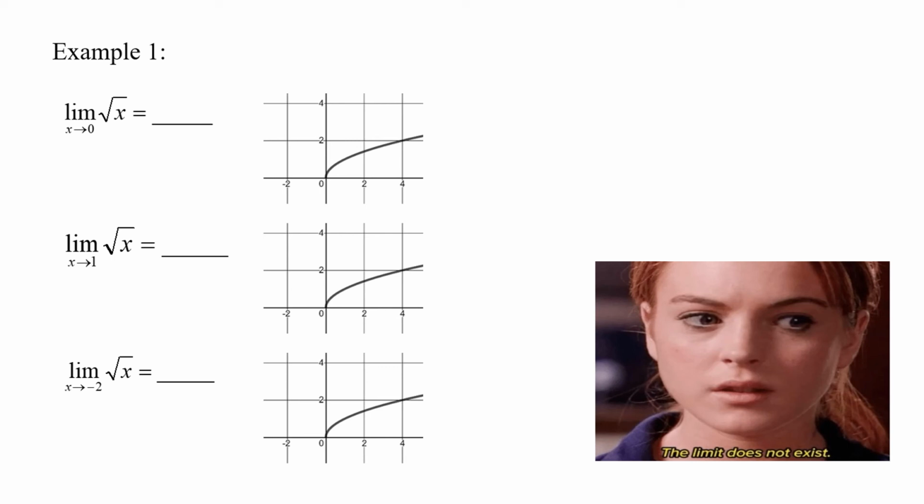So if we take a look at this first one, we have the limit as x approaches 0 of the square root of x. Well, we don't really know what's going on the left side of our function, but on the right side, as our x value gets closer and closer to 0, our output also gets closer and closer to 0. In fact, this point 0, 0, and that input 0 is right on the edge, the boundary of the domain of the square root of x.